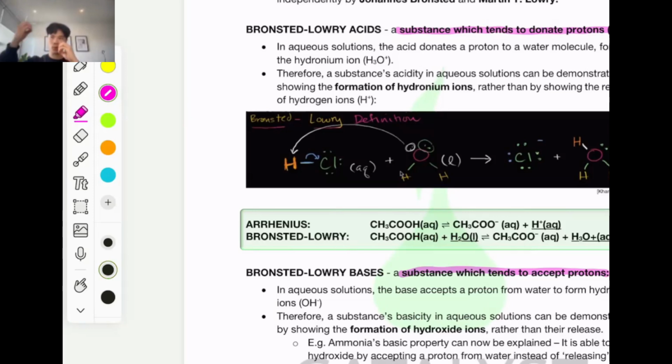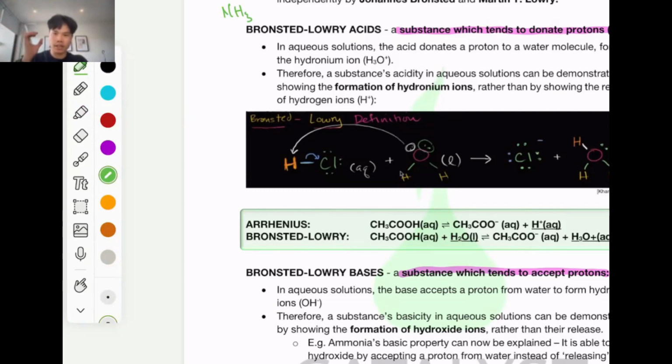It doesn't necessarily have to originate from the acid itself, or the OH doesn't have to originate from a BOH form. It could be that you have NH3 that can act as a base simply by NH3 taking a hydrogen from water. And that is the role of the solvent in acidic and basic property, is that it can react with acids and bases in order to make acidic ions or to make basic ions.